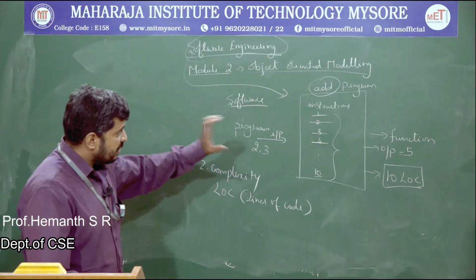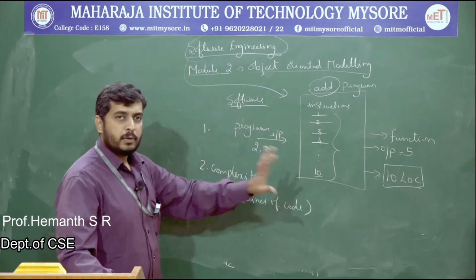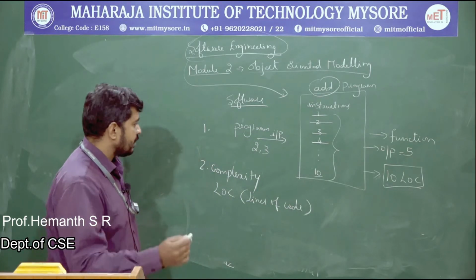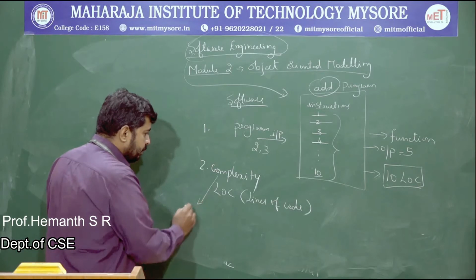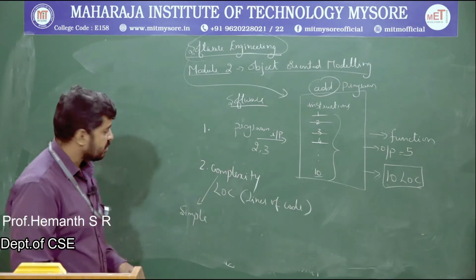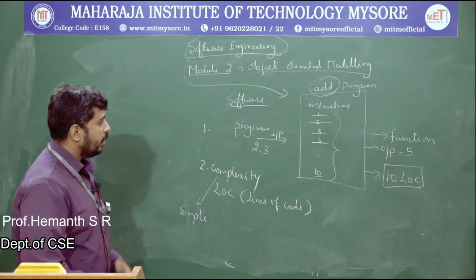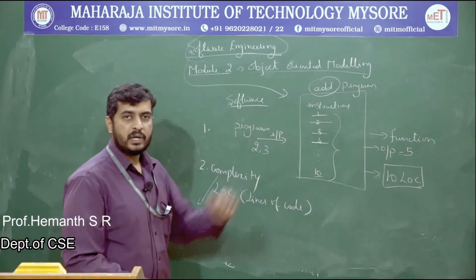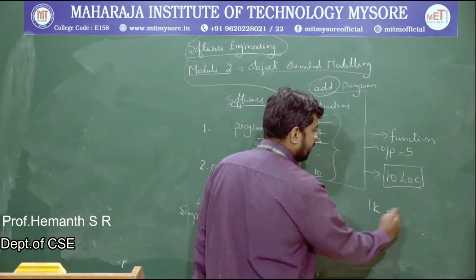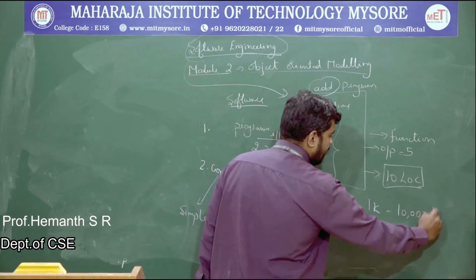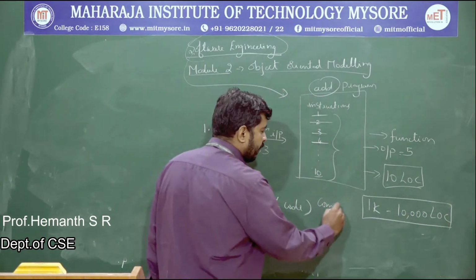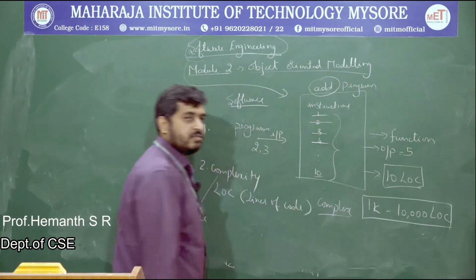Now can I classify this program as a simple program or a complex program? That is a question here, and the answer to this question is, it is simple. The complexity is, it's a simple program or simple software. Now you can claim a program to be complex, say if it is more than maybe 1000 lines or 10,000 lines of code, so then obviously it's a complex program, okay, complex software.